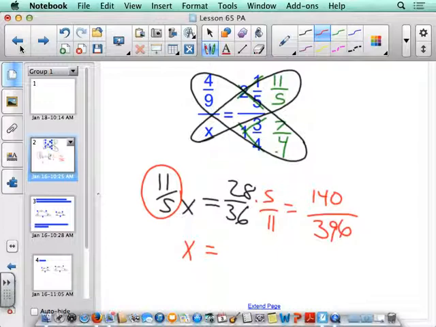Does anyone know how to explain to me what a similar figure would be? Do you know what a congruent figure is? Congruent is exactly like. Similar is like has similar properties, like similar things.